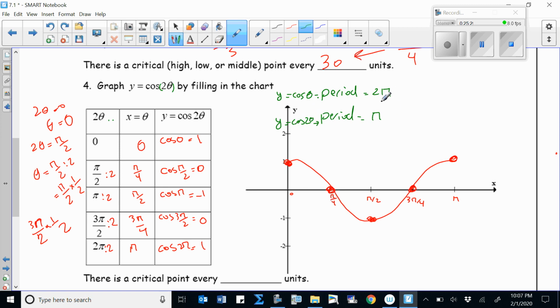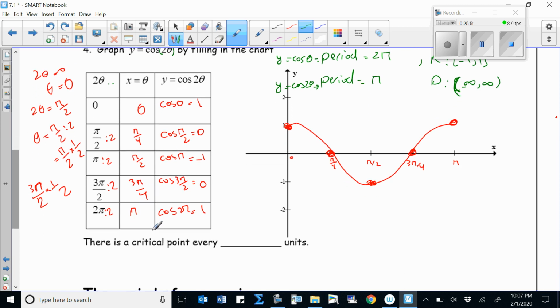Basically, the period of the parent function has been divided by 2, and then we have the new period as pi. Again, the range and the domain of the function will not change here. Negative infinity to infinity is the domain.